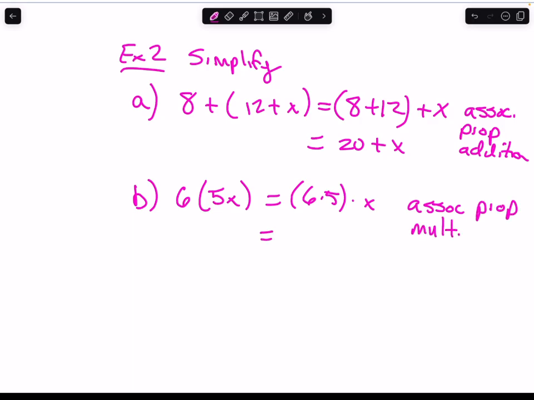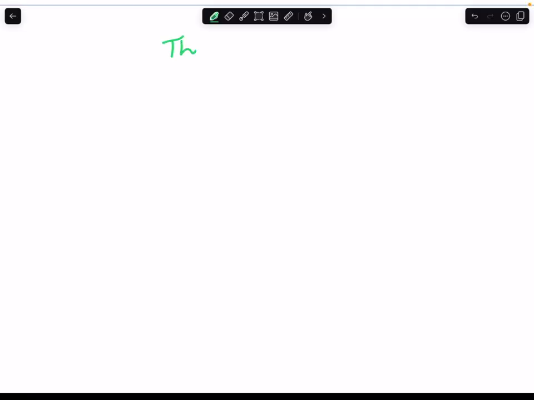Then 6 times 5 we can evaluate as 30, and we end up with 30x. Okay, so now we've talked about the commutative and the associative properties. Let's now move on and talk about the distributive property.